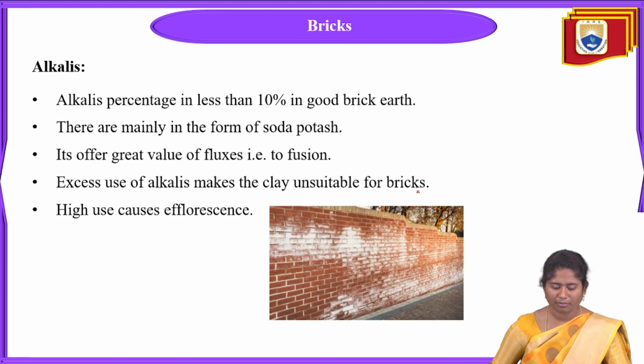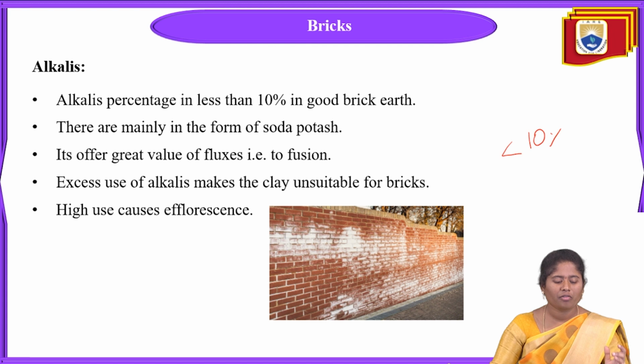Next one is alkalis, and the alkalis percentage we are going to add in the manufacturing of brick is less than 10%. Here, magnesia is the ingredient with the least amount that we add in the manufacture of brick.